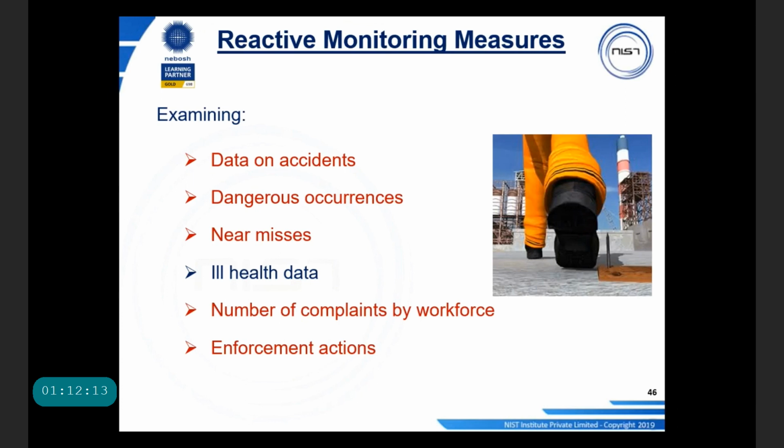Arun says incident. Sarang says as it did not cause injury. If it did not cause injury, isn't it called a near miss? Sarang, please unmute and speak to me.